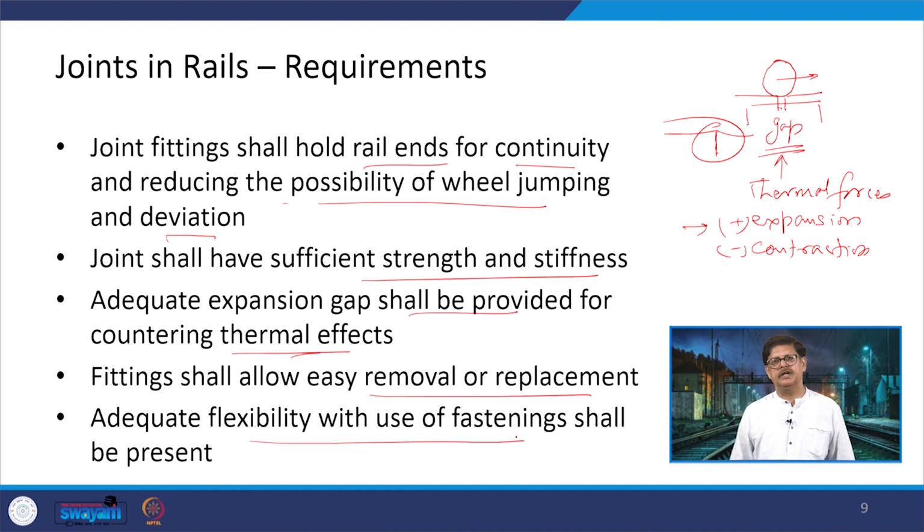There are different types of fastenings available, and not only are we connecting the two rails like this, but at the bottom the rail is also connected with the sleeper. So, there should not be an interference of, say, the fish plate versus the fastenings provided between rail and sleeper. The types of fastenings can be conventional fastenings or elastic fastenings. If we have these different types of fastenings, everything should be able to fit in very easily.